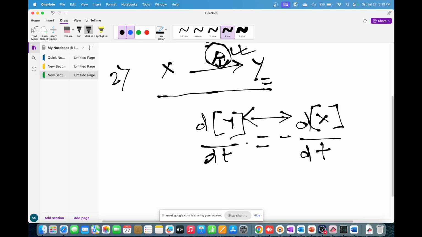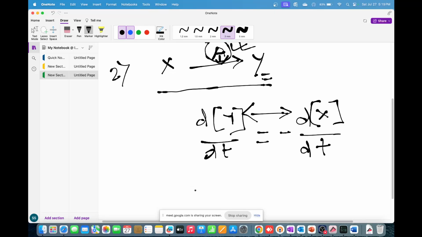Because A, as you can imagine, is an enzyme. And if you recall, enzymes do not get used up in the process of the reaction. So dA dt doesn't make any sense, because if you are interested in a time period from the start to the end of the reaction, the concentration of A is going to remain the same, because it's an enzyme. It does not get used up.